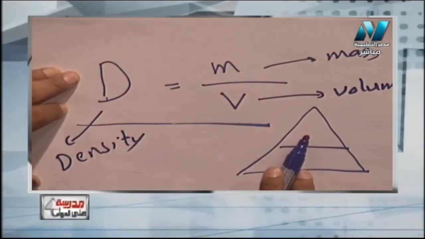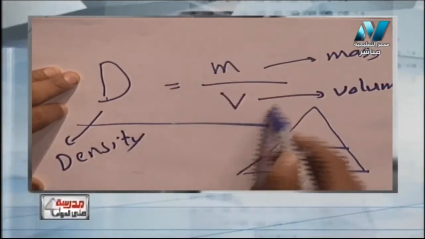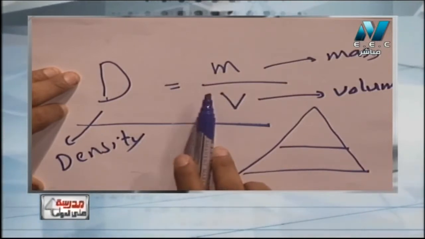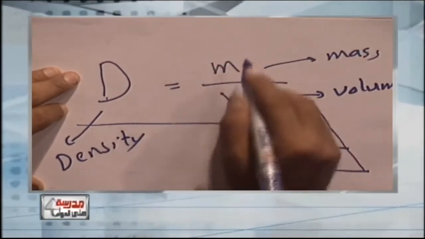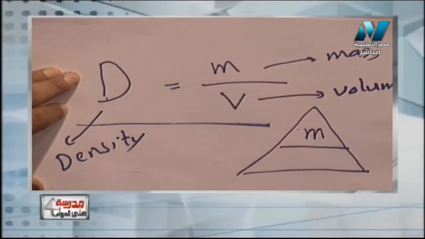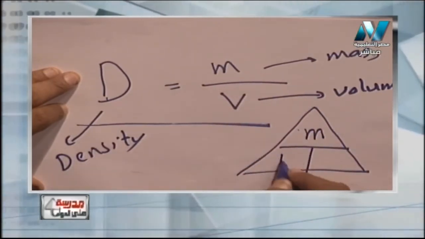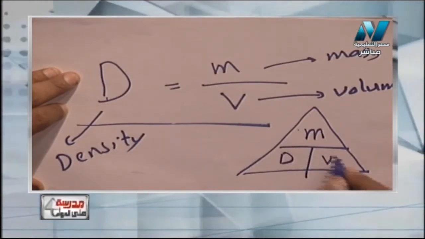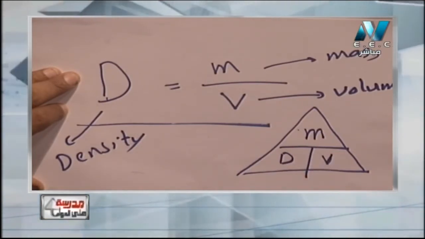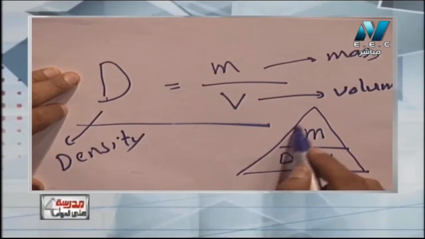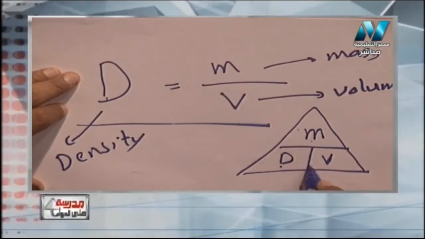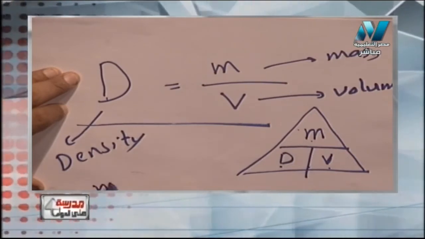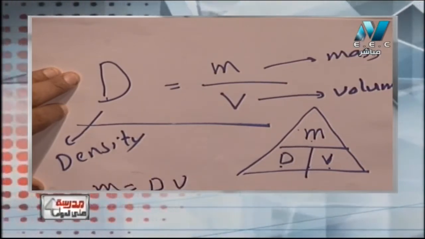What can I put here? This is dividing. So I can put this physical quantity, mass, up, and the other two in these places. Okay, so if I want to get mass, I have to multiply density by volume. Mass equals density times volume.